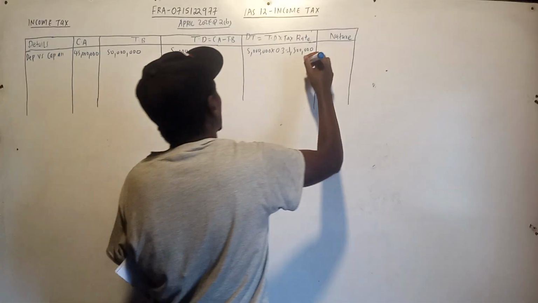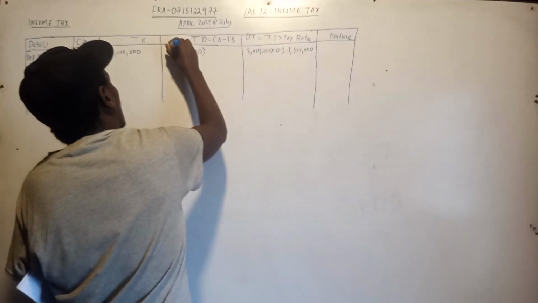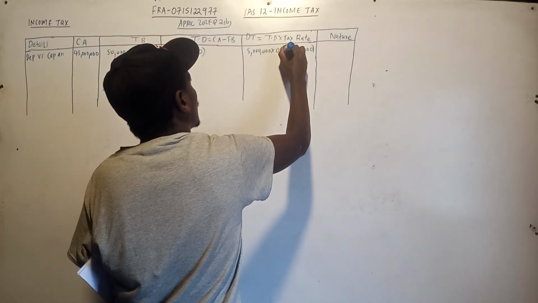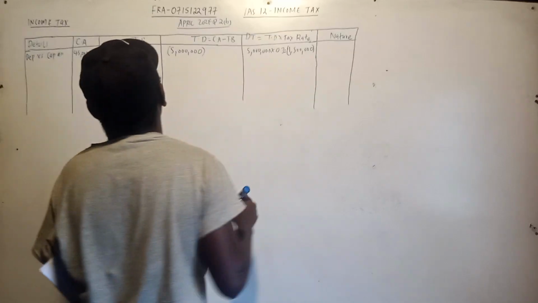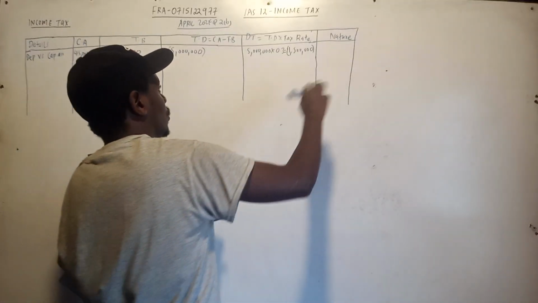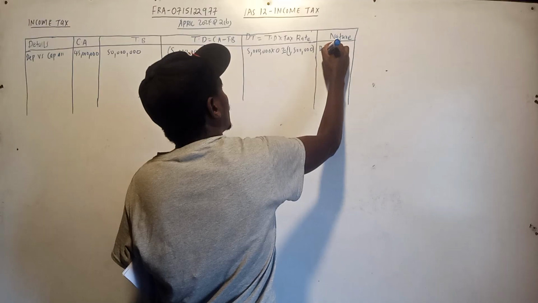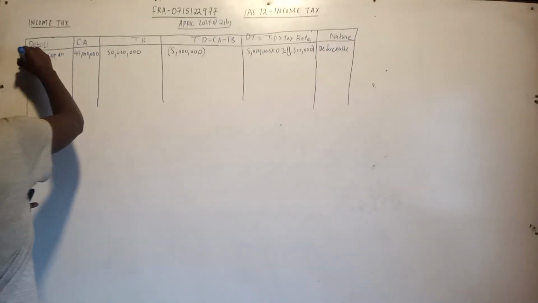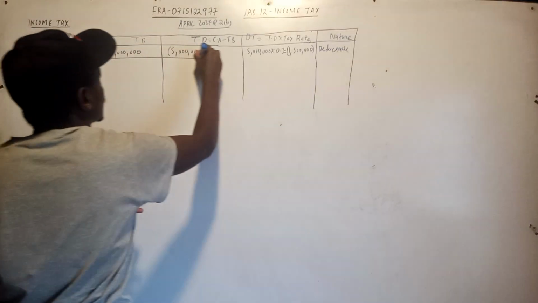Then nature. It is a negative figure, and therefore this one is deductible. That is number one.